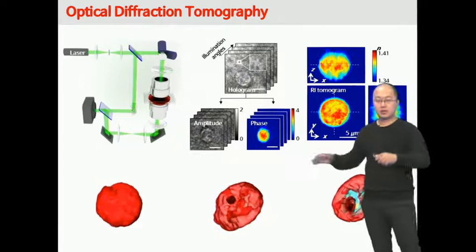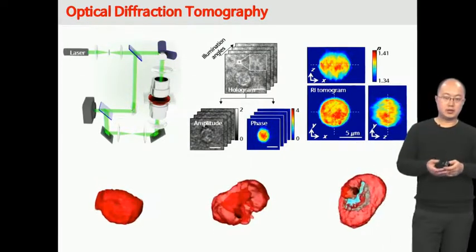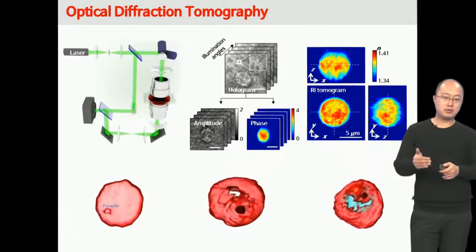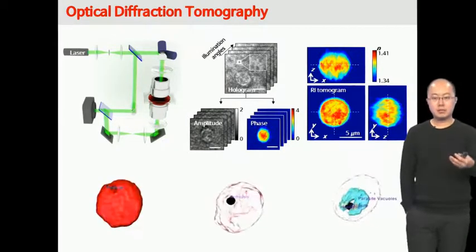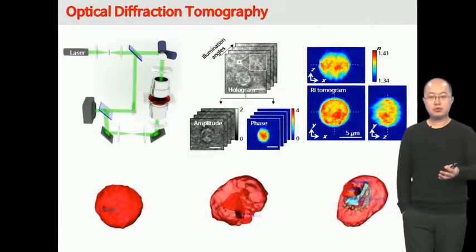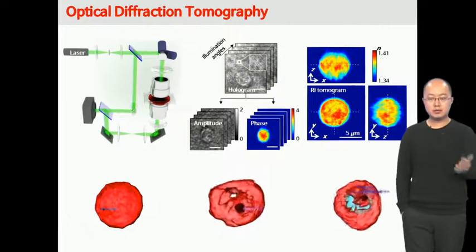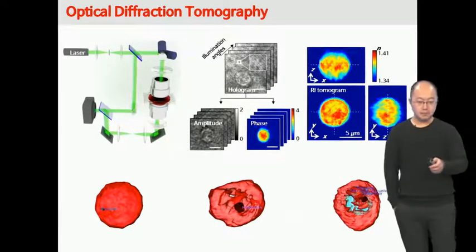Those are isosurfaces, post-processed from the measured three-dimensional holograms. Since the parasite and the cell body have different refractive index values, you can nicely visualize the parasite and the cell body, as well as the reproduced parasites.